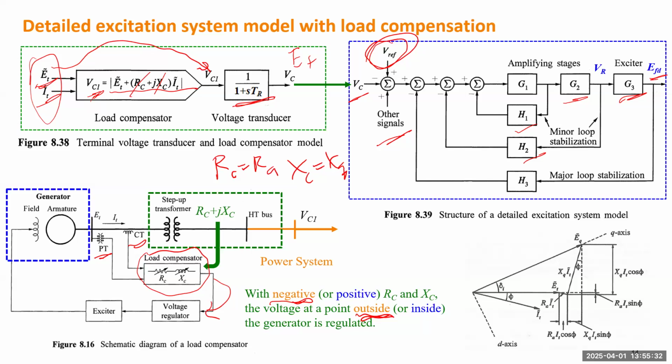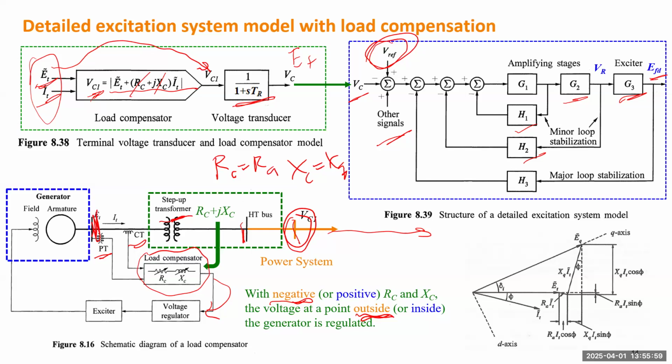So assume beyond the terminal of the generator, on the right, there will be the power system. The generator is connected first through a step-up transformer, and then goes through a high voltage bus and some other high voltage bus, maybe delivered over long distance. There's some location which can be the voltage weak point. That's what I really want to control.